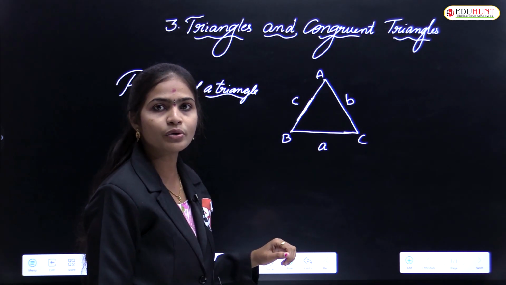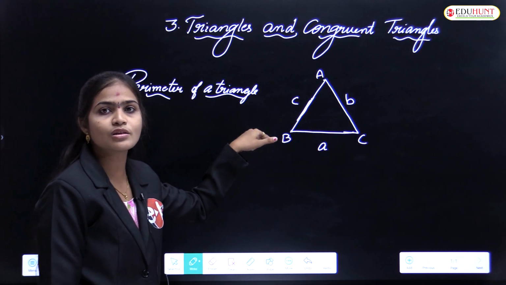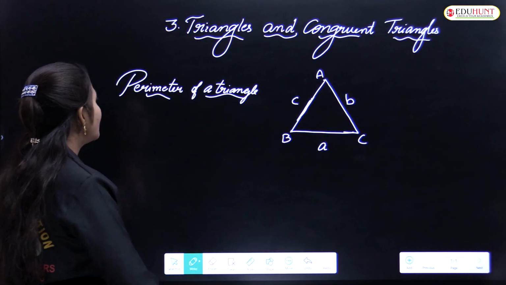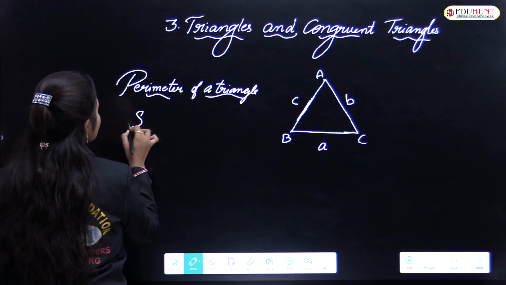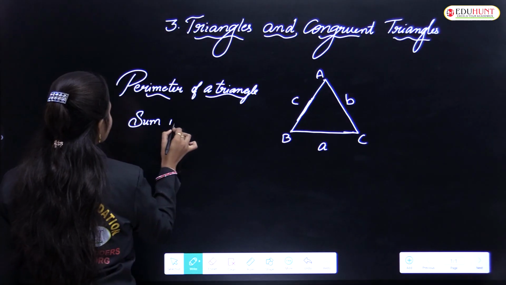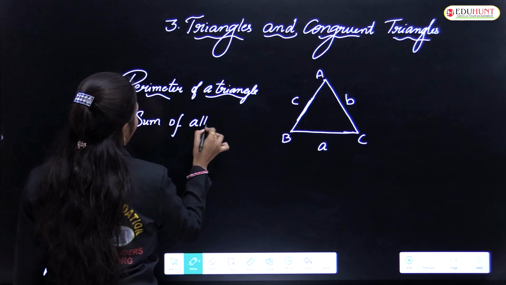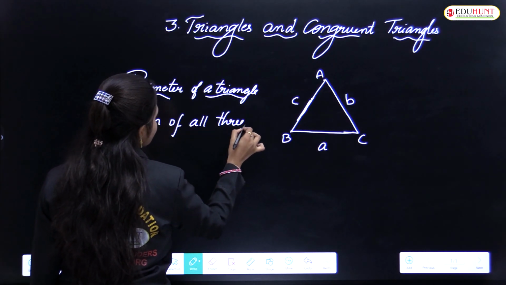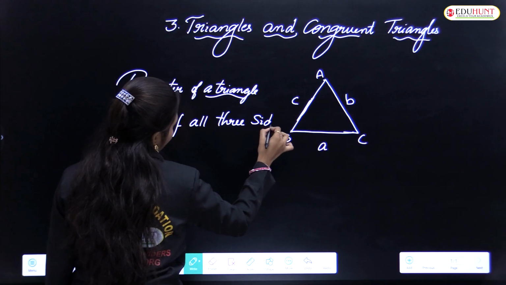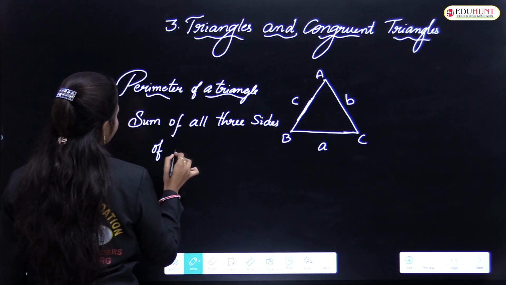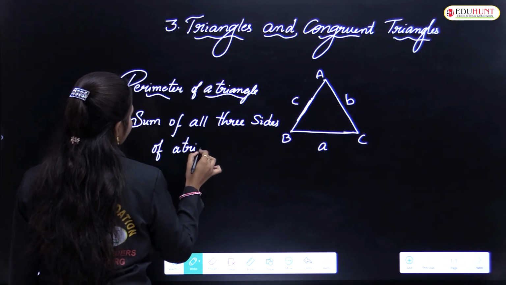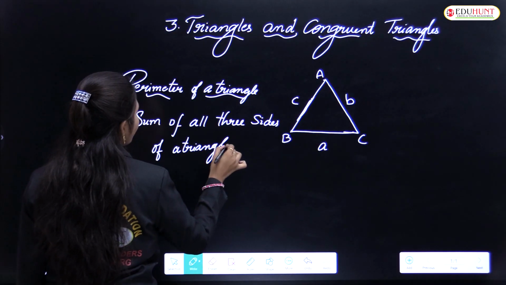After that we have to add the lengths of all three sides. So the perimeter of a triangle is the sum of all three sides of a triangle.